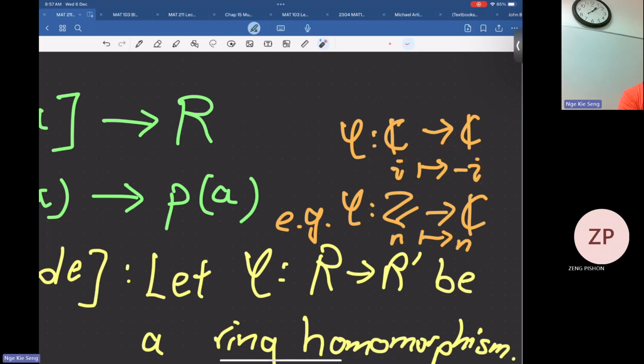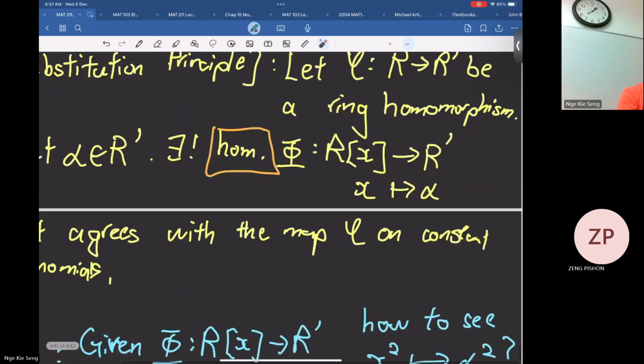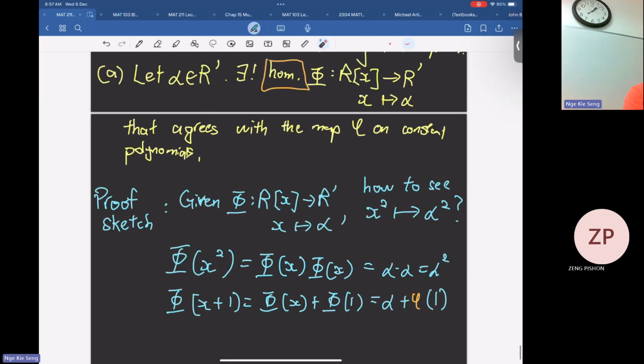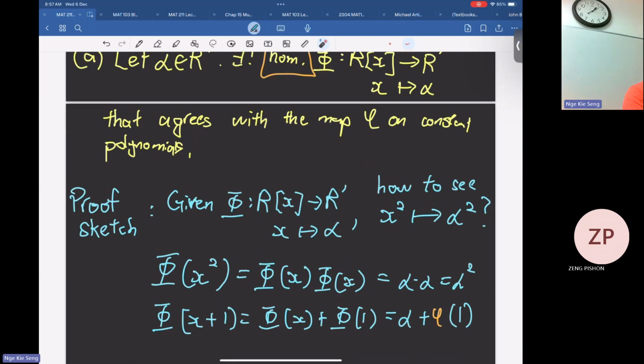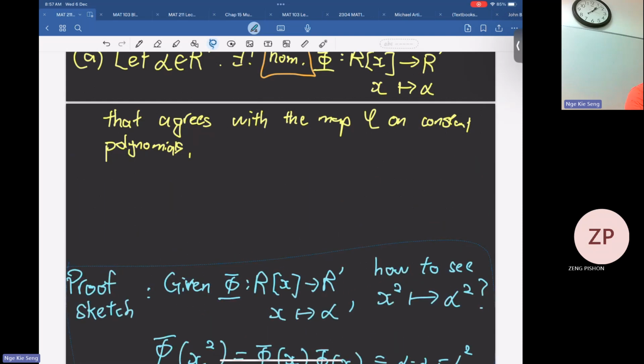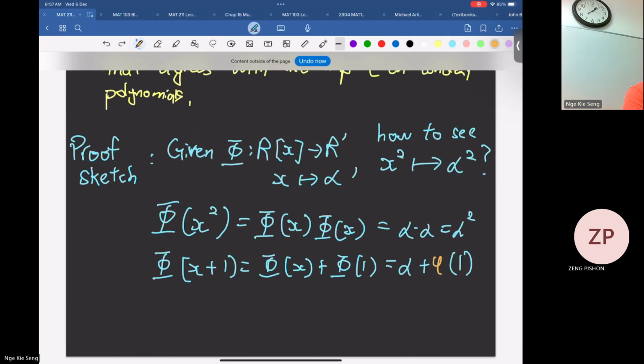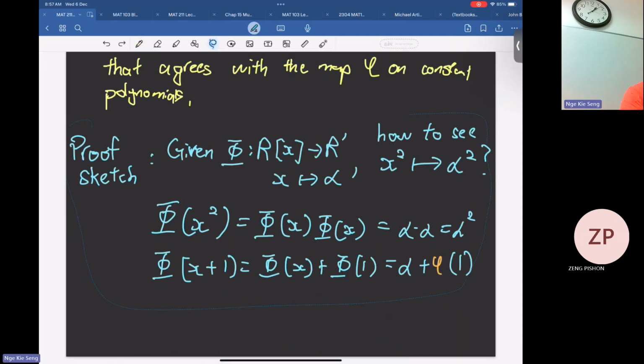It's just conjugation. Swapping of a root of unity will be something else. Okay, so this is just one variable, right? So we actually can extend this idea to multiple variables.